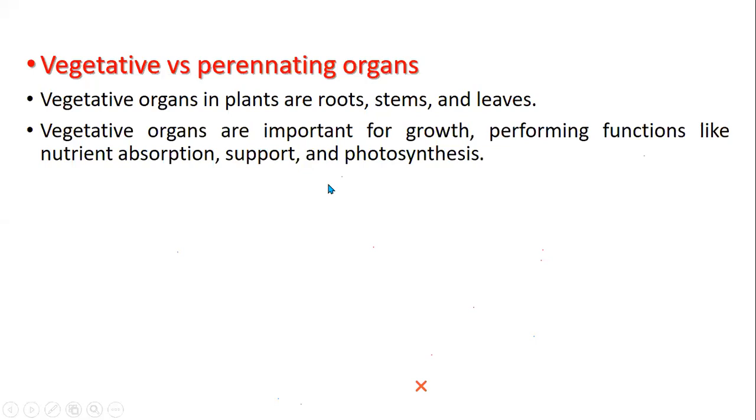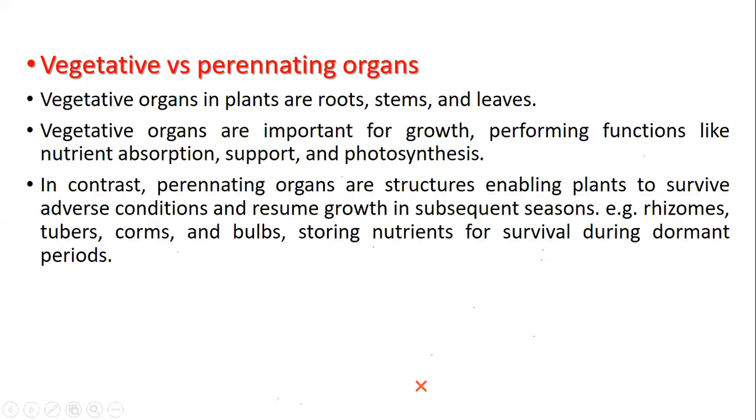Now, perinating organs, as one of you has said, are similar to vegetative organs. The only major difference is that they are involved when the plant is experiencing harsh conditions, like a drought, or a dry season.